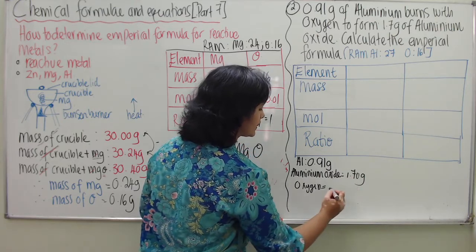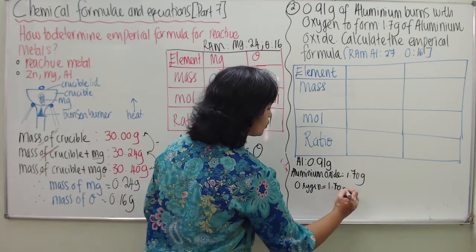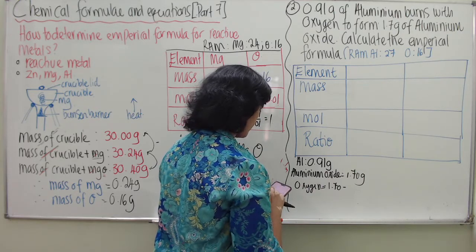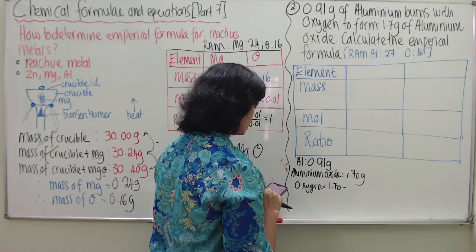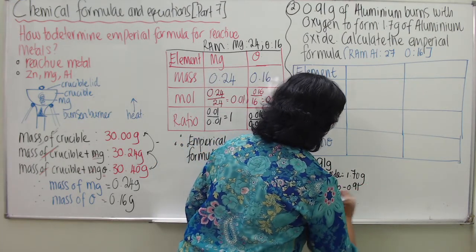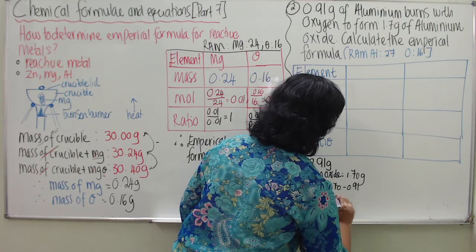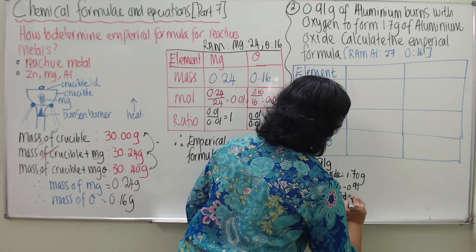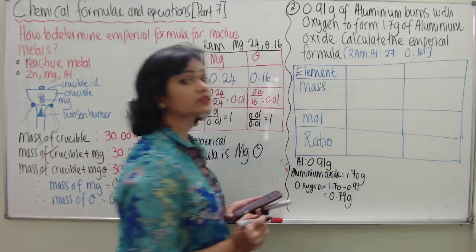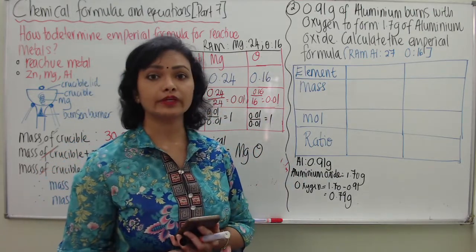So, oxygen is 1.70 minus 0.91, which gives 0.79 gram. Even when students are watching the teacher's video, you can start calculating without waiting for me to calculate.